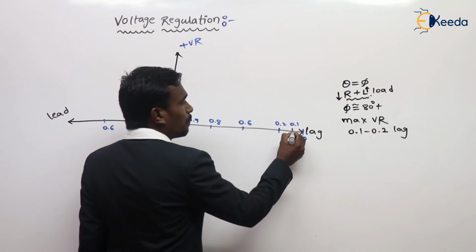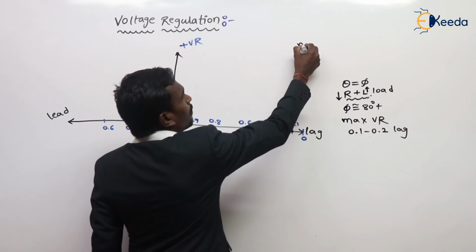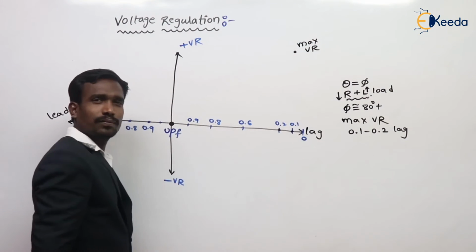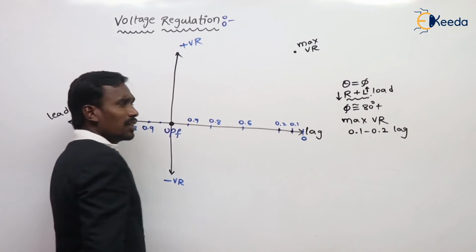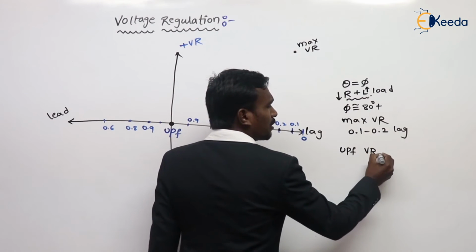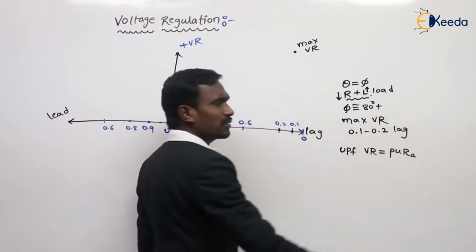So at 0.1 to 0.2 lagging, we can get the maximum voltage regulation. Right? Then next, at unity power factor, voltage regulation is simply per unit R.